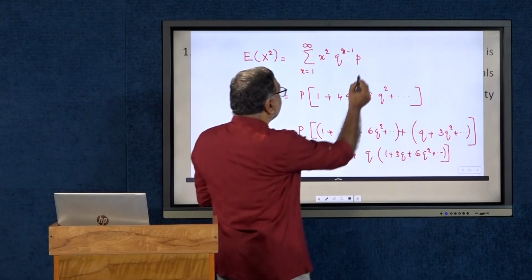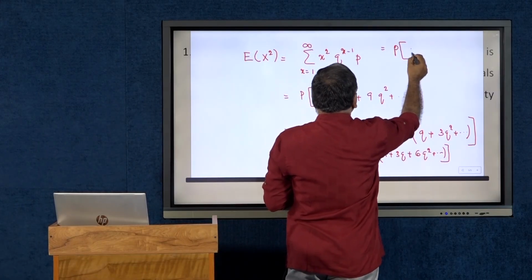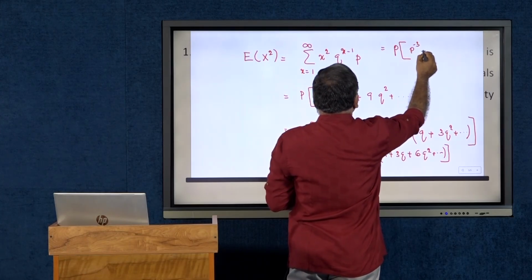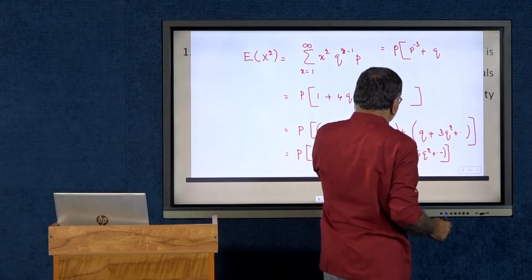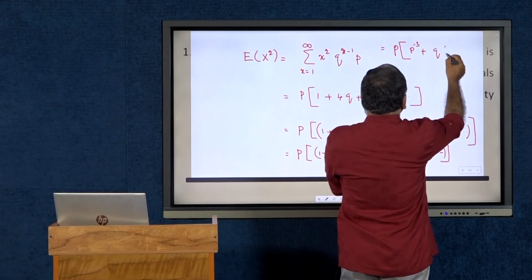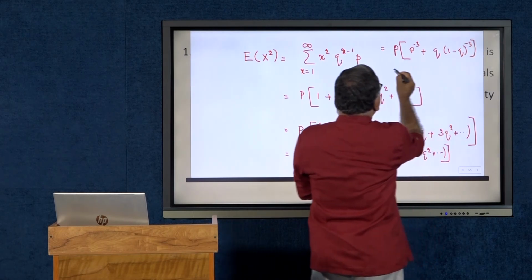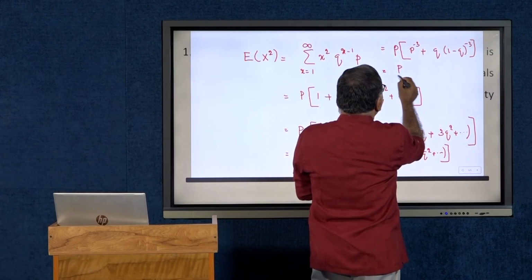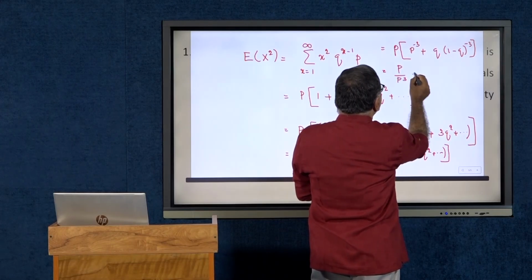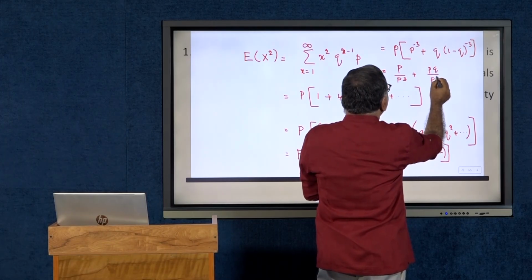And that is simplified, you will get it as p into 1 minus q all power minus 3, or we can write it as p into p power minus 3, plus q into, this is also, we know, 1 minus q all power minus 3. Again that is p divided by p cubed, plus p q divided by p cubed.